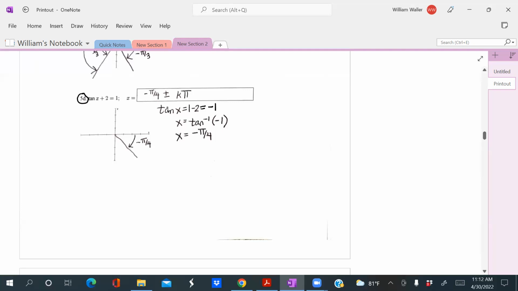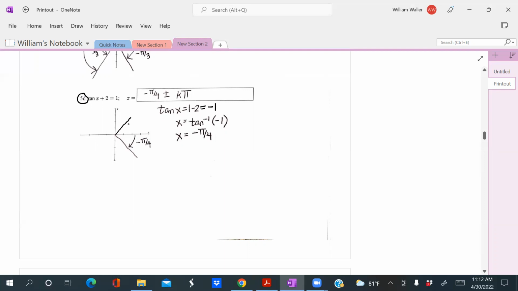So we're looking for an angle whose tangent is minus 1. And so that means that x, our angle, is going to be the inverse tangent of minus 1. Well, we know that angle is going to have something to do with pi over 4, right?